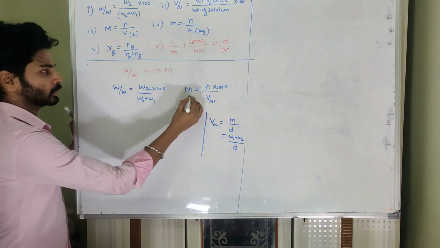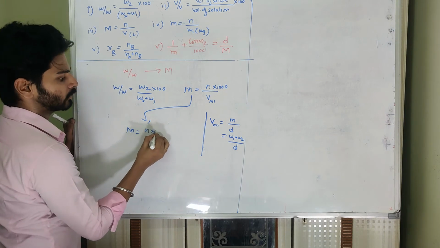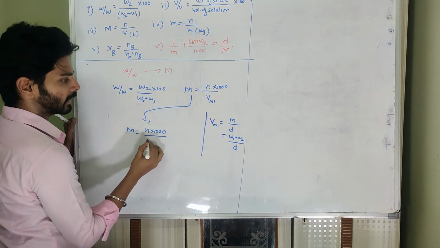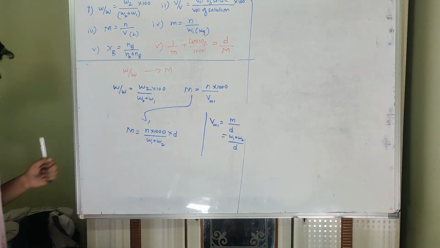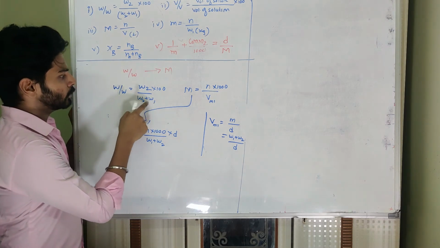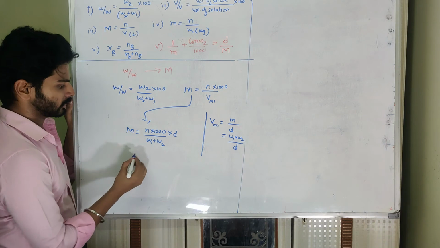I can substitute molarity equal to N into 1000 divided by W1 plus W2 into density. Divided by density will go up. Now W1 plus W2 already we know this, so I'll substitute this one.